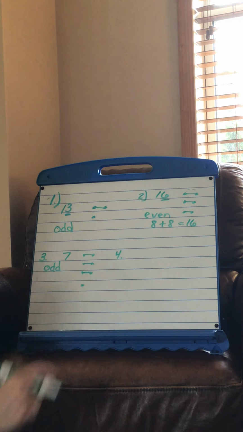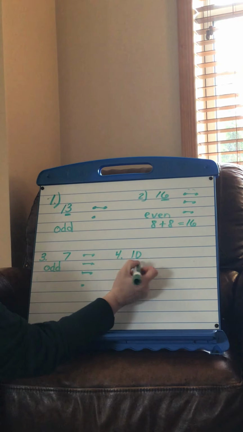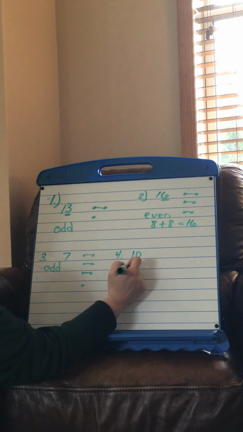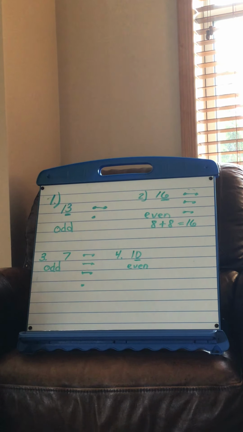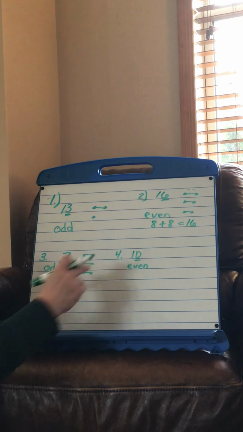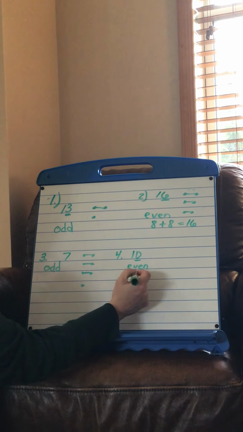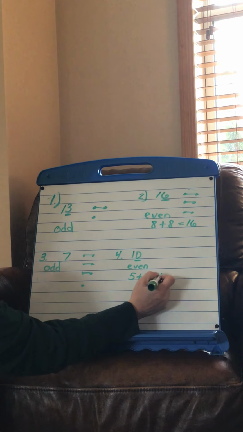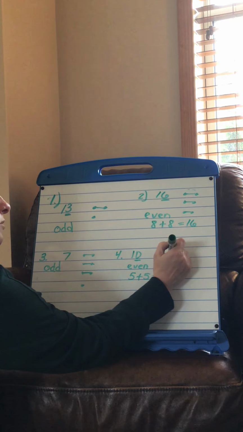Number 4, the number is 10. Now anything with a 0 in the ones place is always going to be even. So your 20, your 30, your 40, your 50, 60, even 100 is going to be an even number. Now we have to think of 2 numbers that add together to equal 10. Think of a double. The double of 10 is 5 plus 5, so it's going to equal 10. So that's what you would write for number 4, because it's an even number.